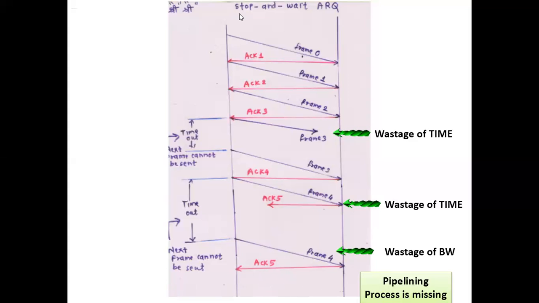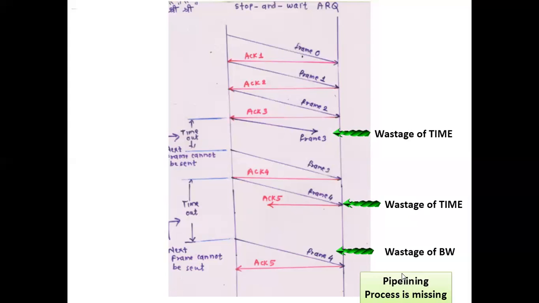So if you see, if there is a loss of frame because of network congestion, it is a wastage of time. If there is a loss of acknowledgement for any reason, let us say network congestion, there is a waste of time. Again, frames are repeated because it was waiting for this ACK. Again, there is a wastage of frames. So this is called non-implementation of the pipelining process.